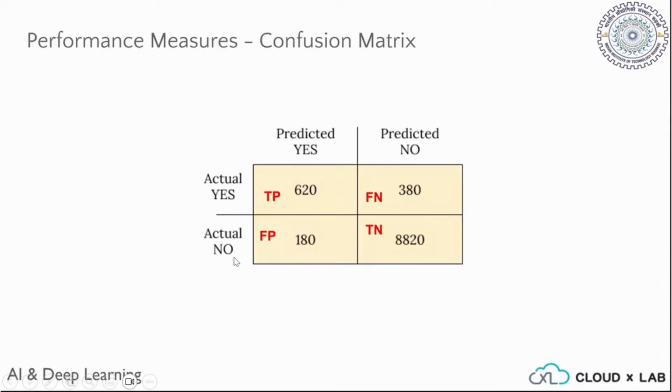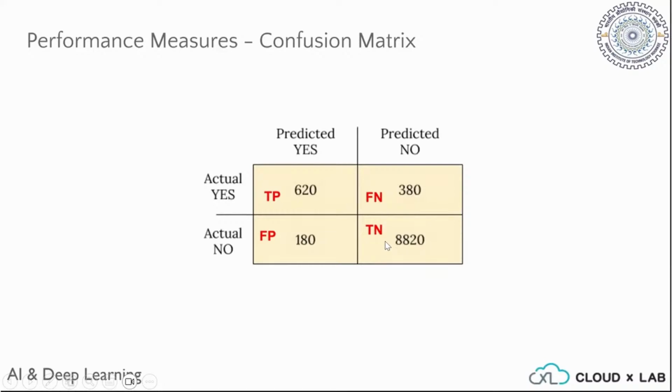The third case is where the actual output is no, but the model is predicting yes. This case is called false positive because the model is telling yes, but actually it is no. The fourth case is when the actual output is no and the model is also saying no. In this case also the model is correct.